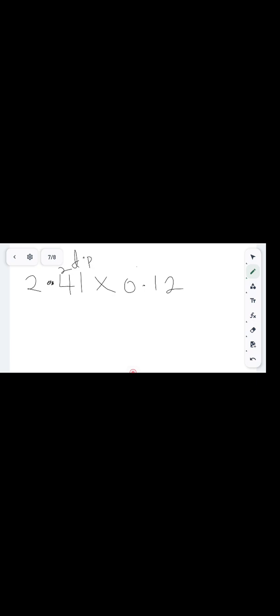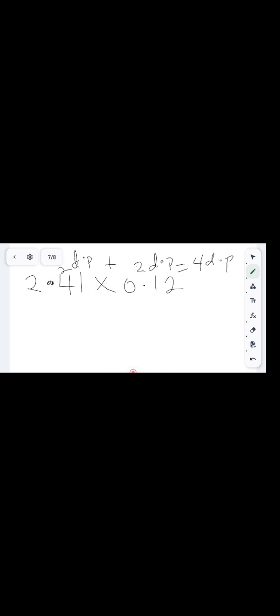Here too we have 2 DP. So when you are multiplying decimals, simply add up their DP. As long as you know that DP means decimal places, which is the number of digits after the point. When I sum it up, it gives me 4 DP. Good.